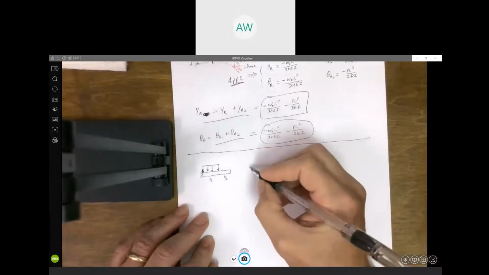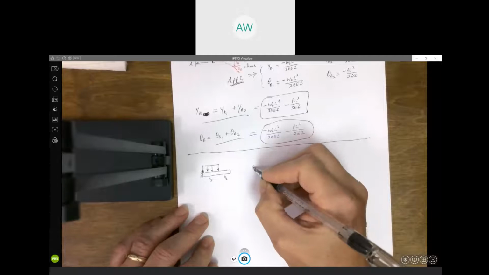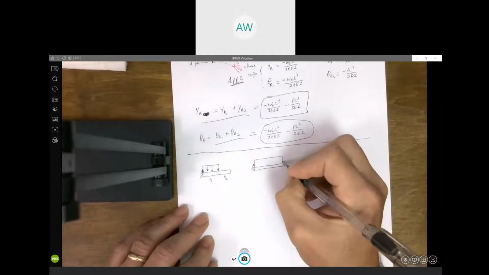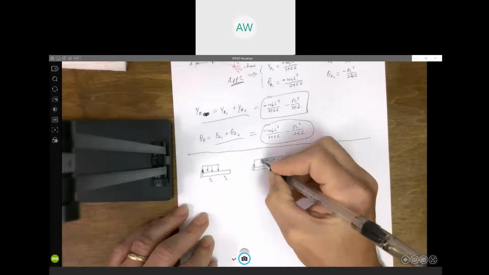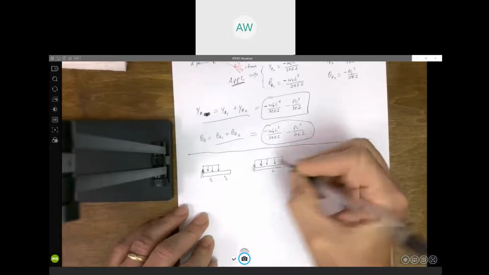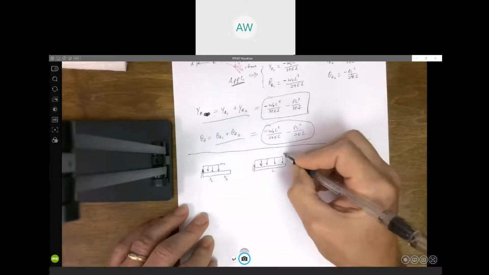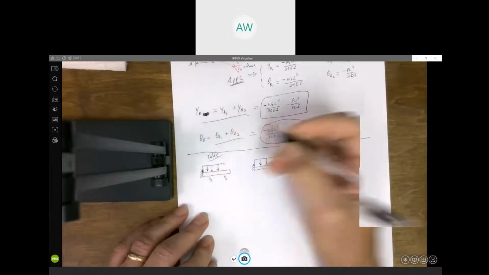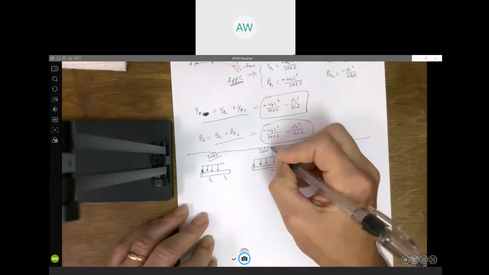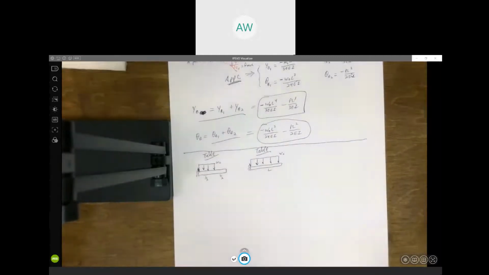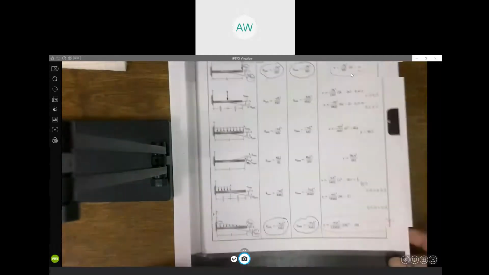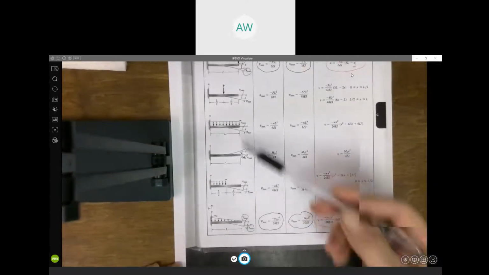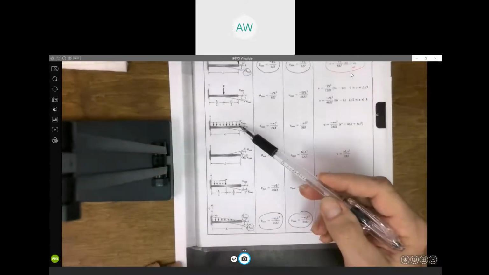We also have one where the distributed load goes the whole length of the beam. All right, so this is in the table. This is in the table. I'll put my table back up here and show you. We've got this one where it goes over the half of the beam. You got this one that goes over the whole beam.